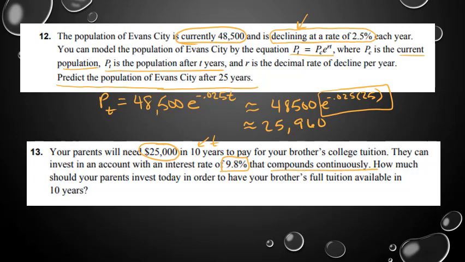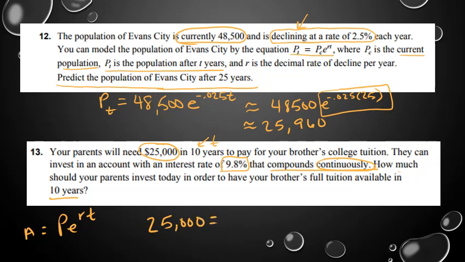When I see this word continuously, that tells me I'm going to use that PERT formula, sometimes like the shampoo, the PERT formula. And we want to know how much your parents should invest in order to have the full amount after 10 years.